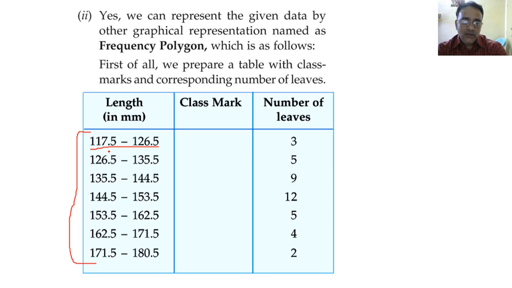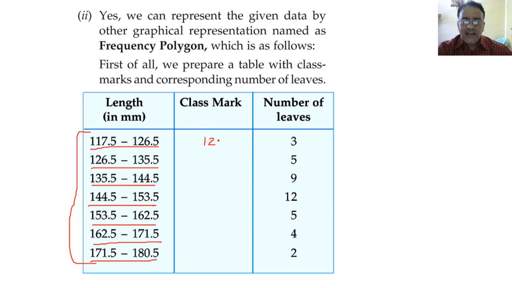So if you add, you are getting 244 by 2. 122. Now see what is the size of every class? Same है ना? 9 है. What is the size of every class? 9. Yes.